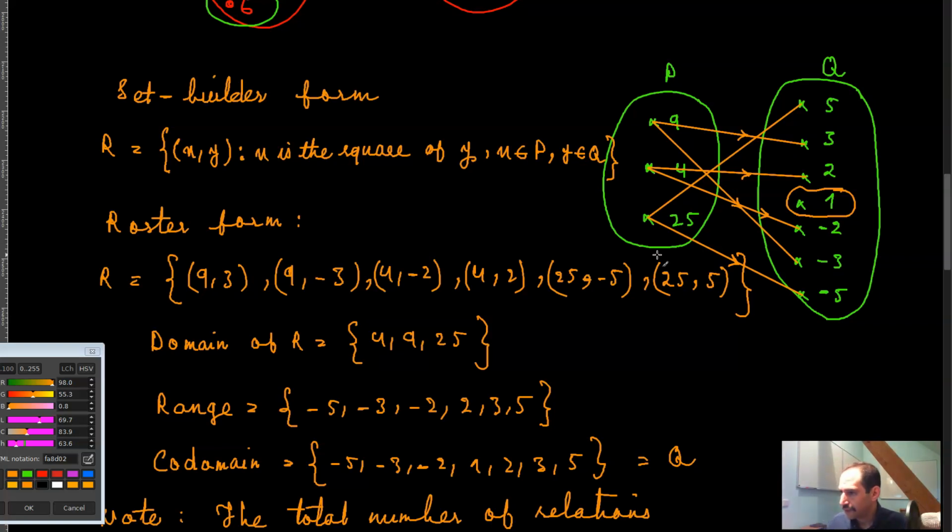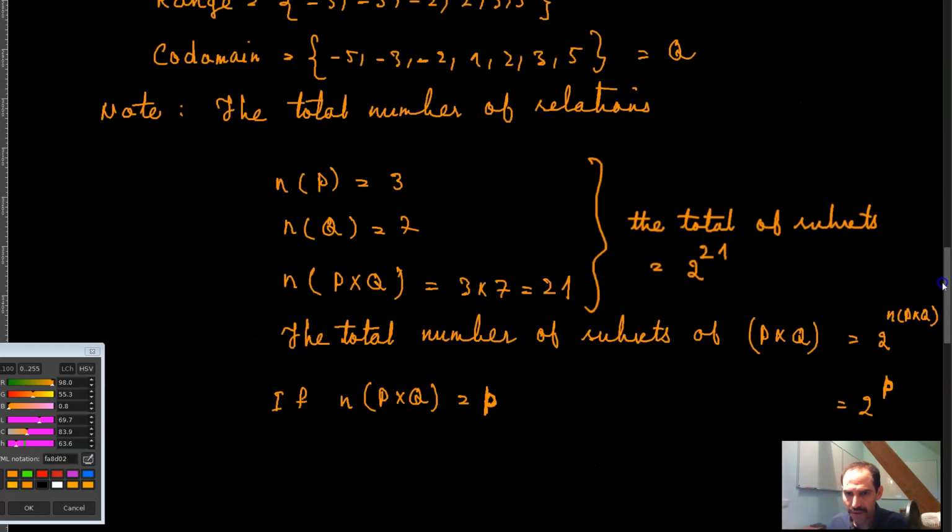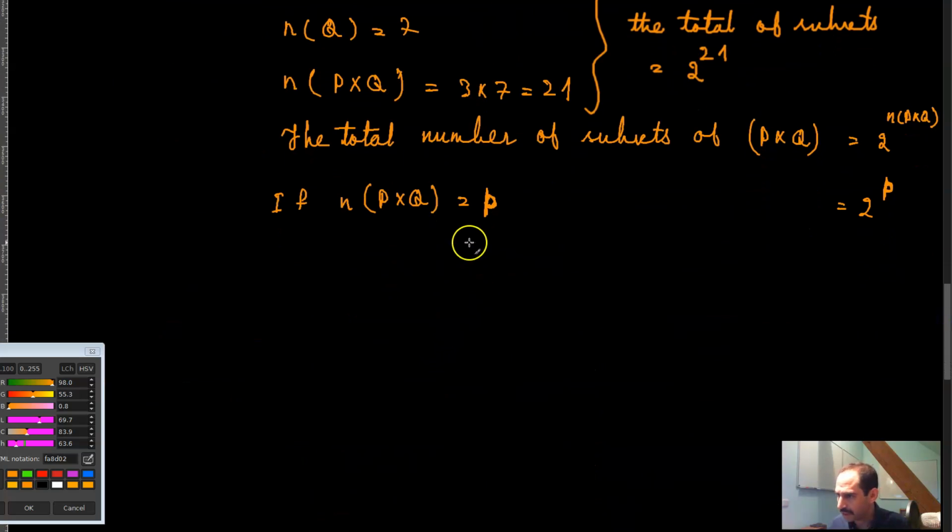And so based on this situation, you can say that the total number of relations that can be defined from a set A to a set B is the number of possible subsets of A times B, which means that, let me write this down, I want you to understand this.